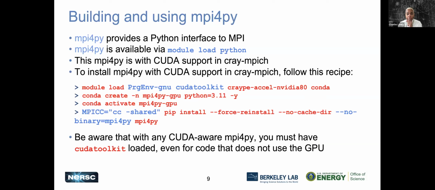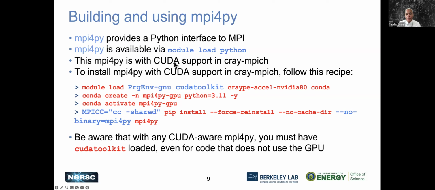So, segueing into how we can use MPI for Python, that's building a parallel version of a Python application with MPI4Py. You can use the Python interface, which is just going to be a wrapper to enable MPI computation. MPI4Py is available via the module load python command.